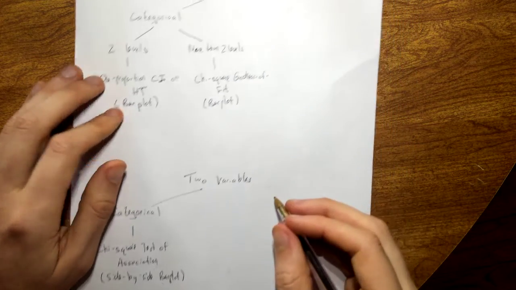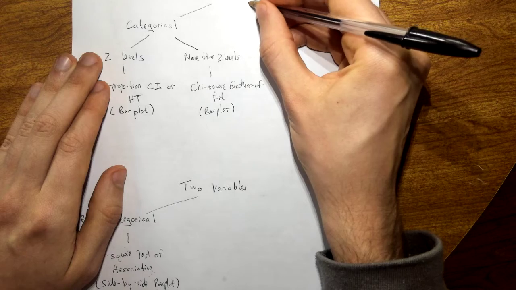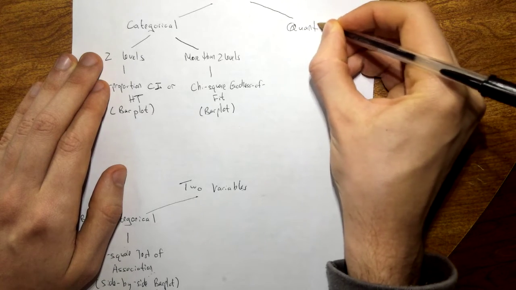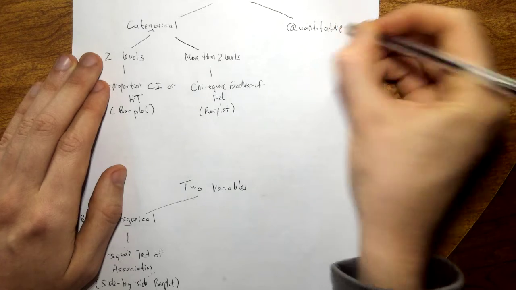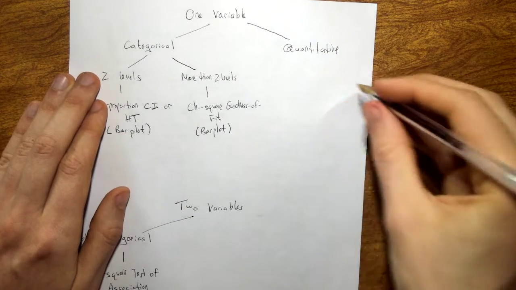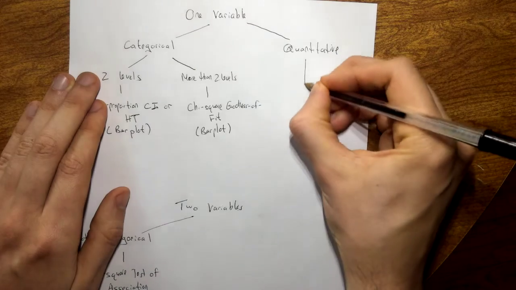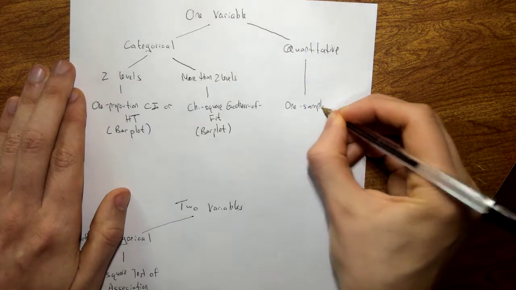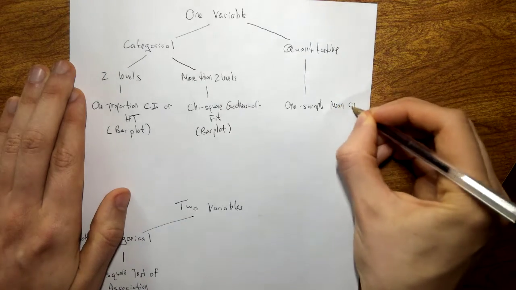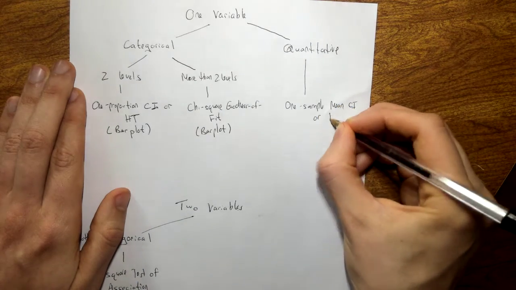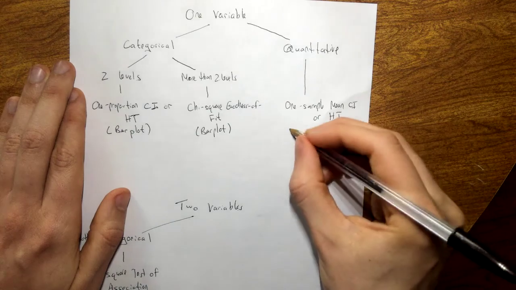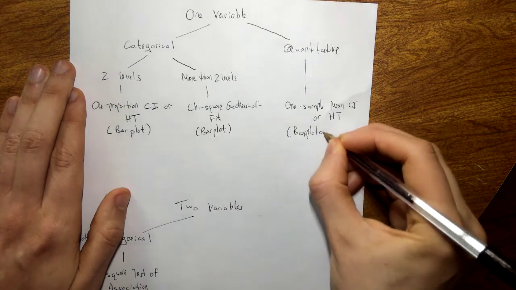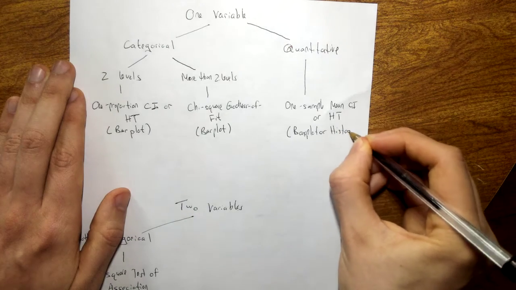Then we left categorical data, and we went to one variable that was now quantitative. If it was quantitative, then we did our one sample mean confidence interval or hypothesis test. The graph we looked at for that was either a box plot or a histogram.